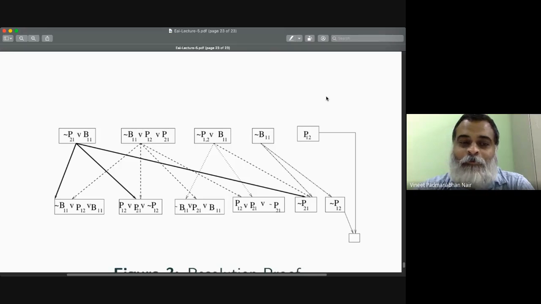Similarly, second box with the other boxes, third box with the other boxes, fourth box with the other boxes, etc. And finally, when you work it out, you will find that there is a contradiction between the negation of the conclusion and one of those bottom boxes. So you are coming up with a contradiction, which tells that if you take the negation of the conclusion, you arrive at a contradiction. So the original one follows.